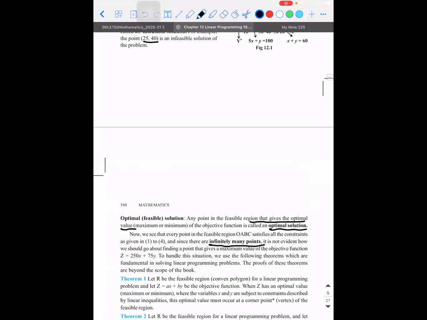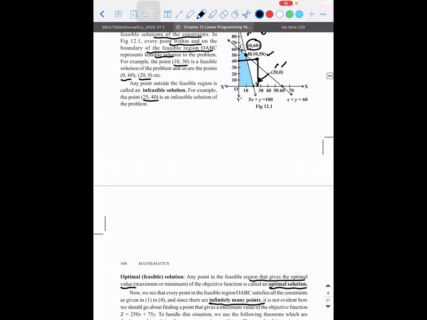So what are the corner points that you have? 0, 60, 60, 0, and 10, 50. So what equation decides the profit? Z is equal to 250x plus 70y. So if I take x is equal to 0 and y is equal to 60 and substitute it here, yeah, tell me.